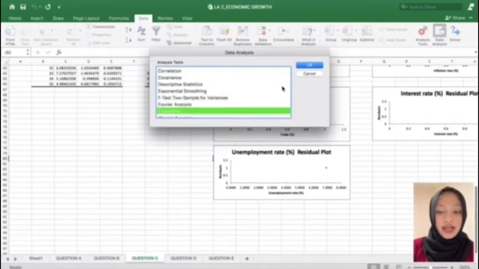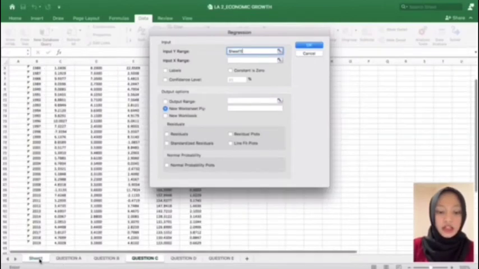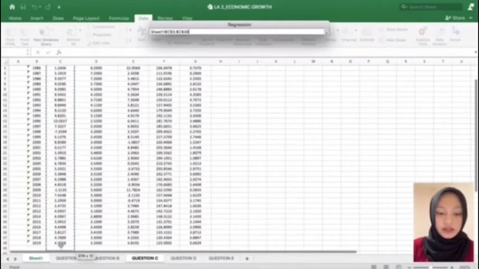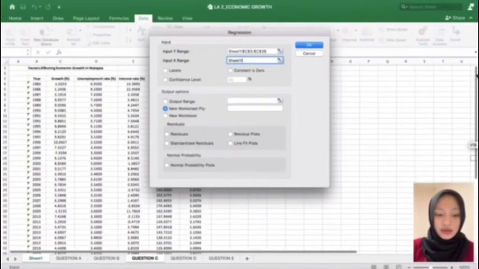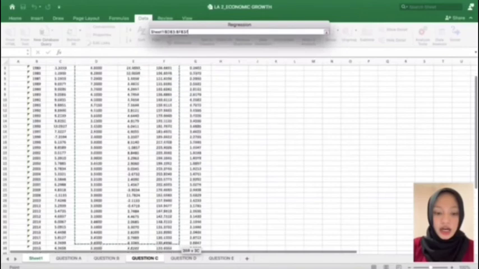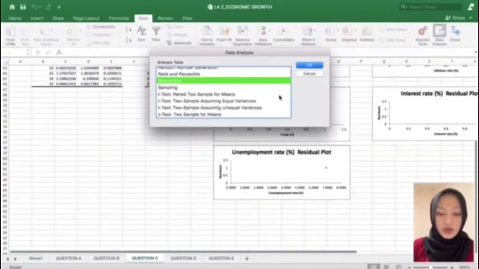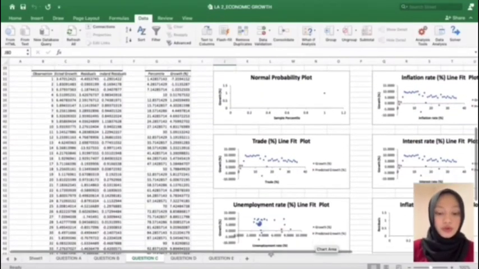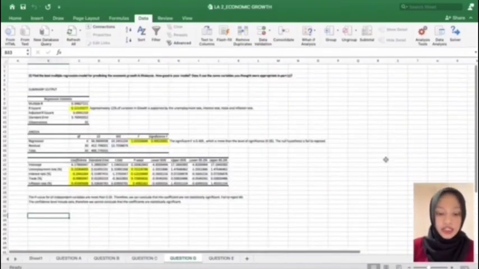So click at Data Analysis, find Regression, click OK, and for the input Y range, I put growth, and for input X range, I put all others than year and growth, which are unemployment rate, interest rate, trade, and inflation rate. So I click all the residuals and normal probability. So I will obtain residual output and probability output also, and all these graphs.